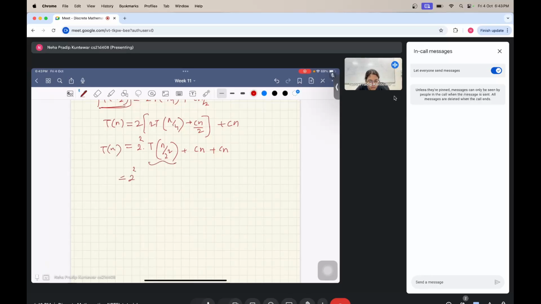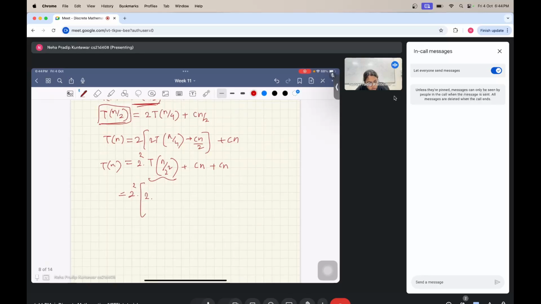So this is 2 squared outside, and by definition T(n/4) is 2 times T(n/8) plus Cn/4, plus Cn plus Cn.